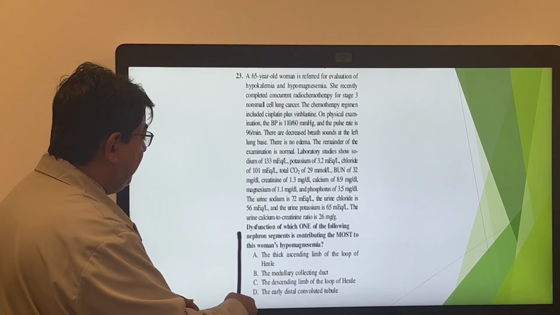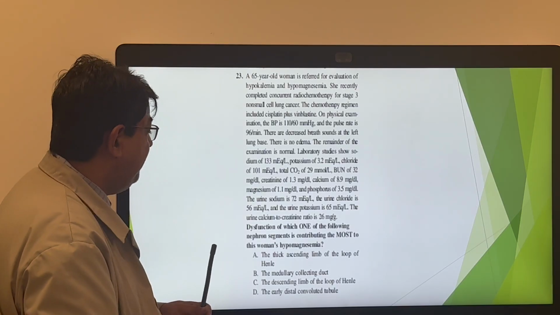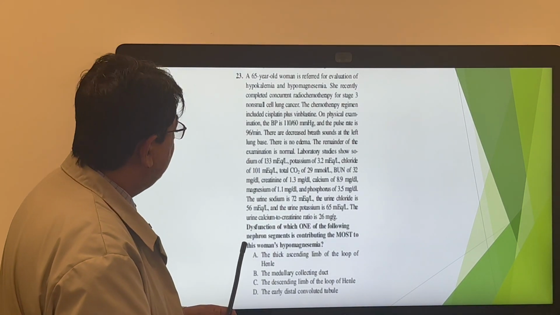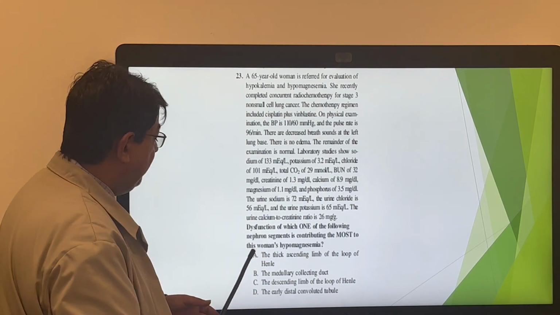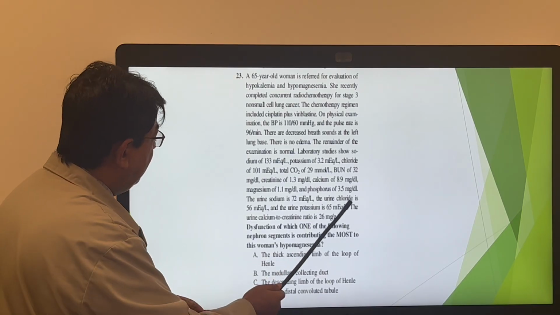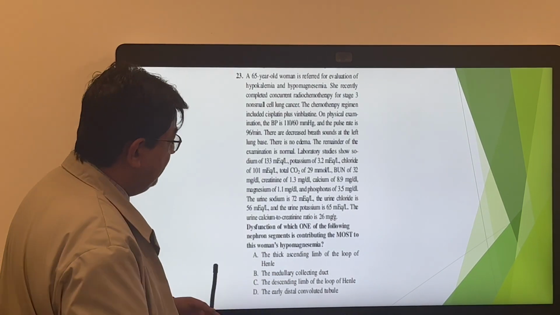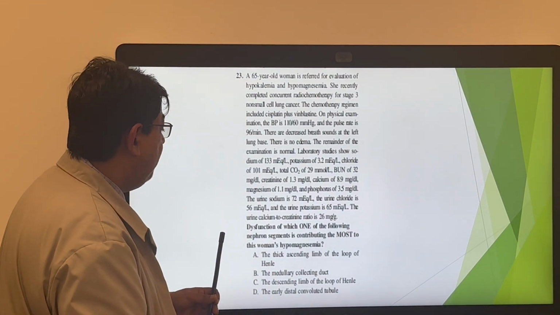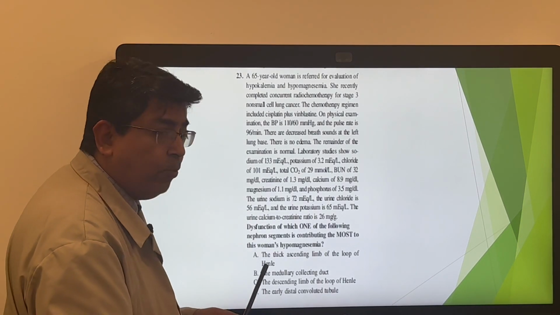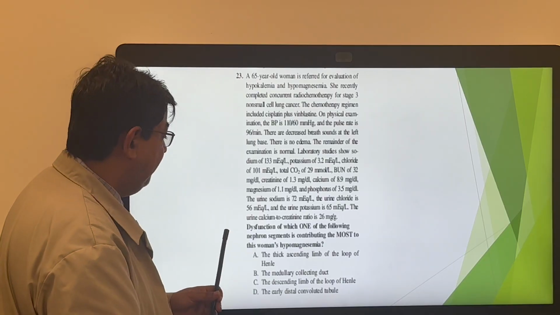Dysfunction of which one of the following nephron segments is contributing the most to this woman's hypomagnesemia? So the magnesium is low, 1.1, very low. Urine potassium is high, and the urine calcium to creatinine ratio, as we will discuss, is low. What does that mean, and what does that tell us about what level of the tubule is being affected?